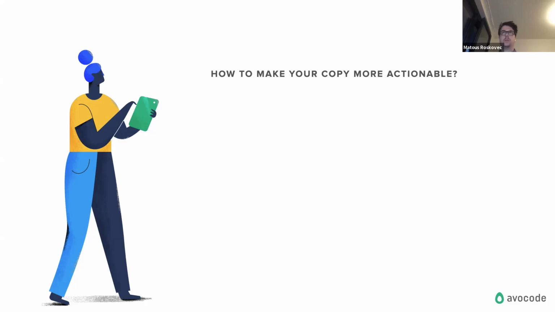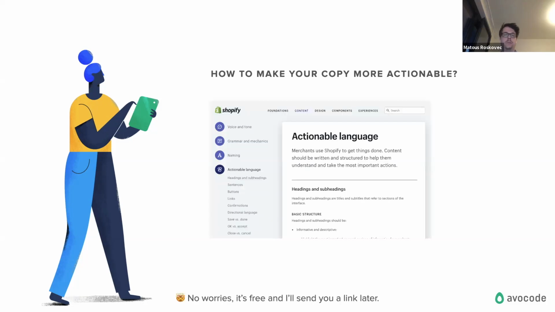So I'd like to share with you a few tips on how to make your copy more actionable. To do that, I borrowed a few examples from Polaris, which is a free design system of Shopify.